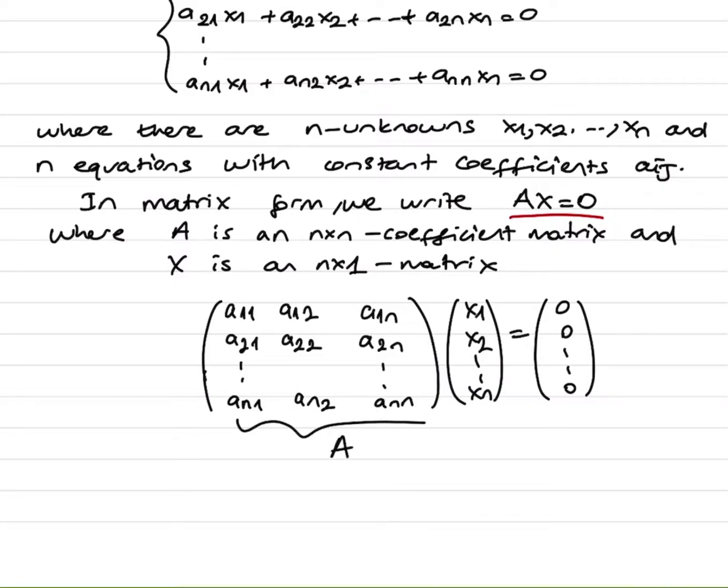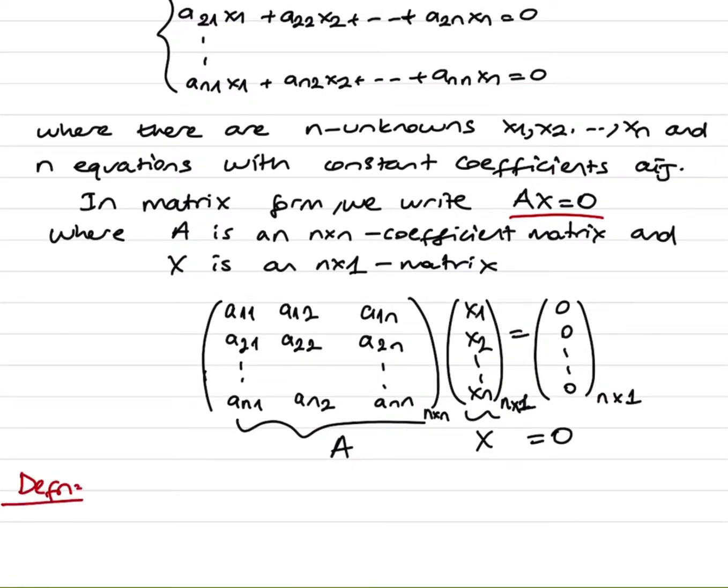So this is A times x is equal to 0 in this case. So we work with square matrices. This is an n by n matrix, this is an n by 1 matrix. When we multiply, we will get an n by 1 matrix, right? Great.